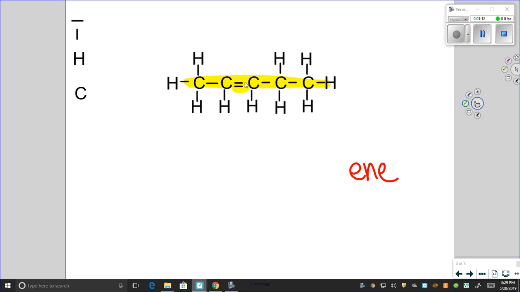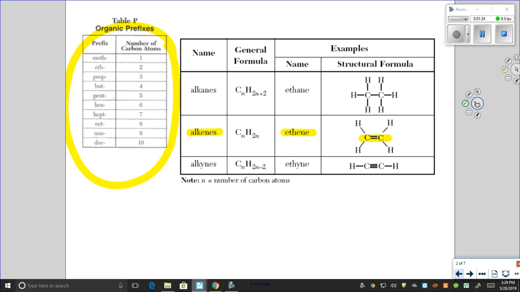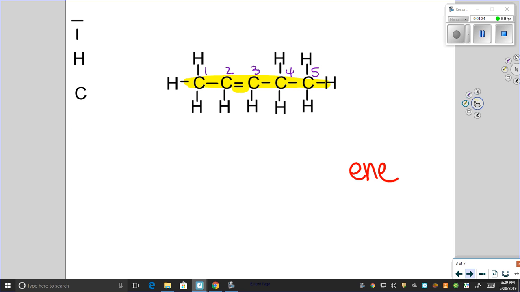And I have 1, 2, 3, 4, 5 carbons. That means that according to table P, 5 carbons means that I will be using pent for 5. So that means that I have pentene.